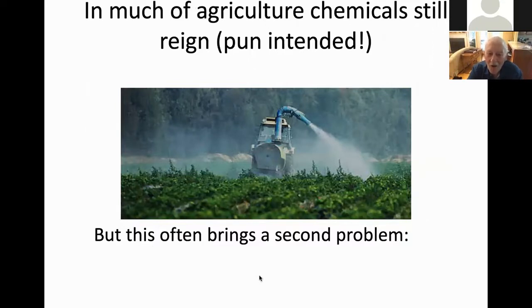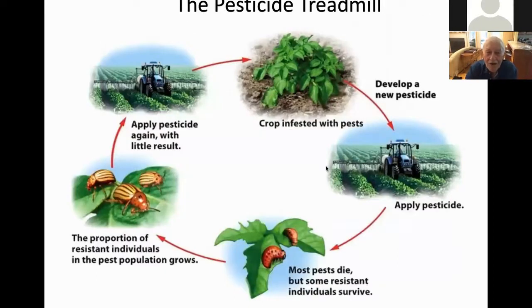But you may be aware that this is the cause of a second problem that has gotten widespread publicity, starting way back with Rachel Carson. It's what is now called the pesticide treadmill. Let's say you're growing potatoes and you get potato beetles on them. The potatoes are underground, but the beetles are eating the leaves. So you get a pesticide, you apply it, and the pests are killed.